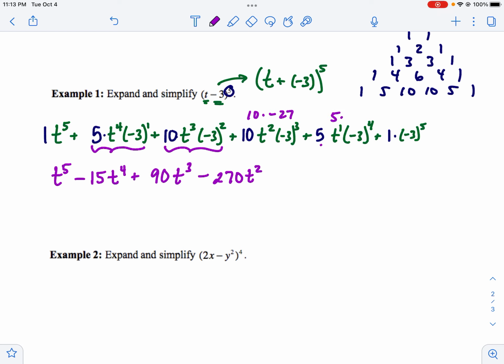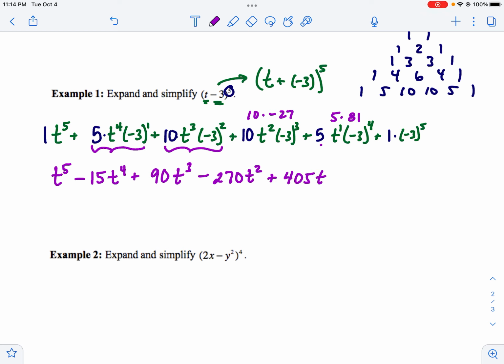So I'm going to have my 5 times 3 to the fourth is 81. Okay. So then if I multiply that out, I get 405 t. And then last but not least, when I raise negative 3 to the fifth, I get negative 243.